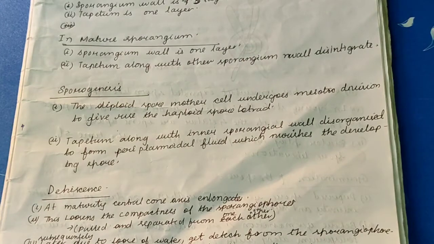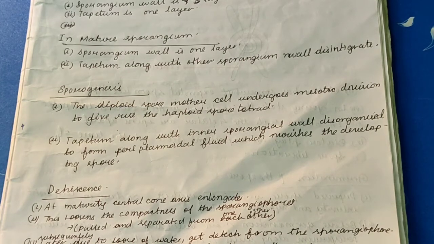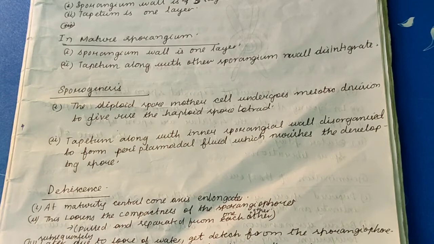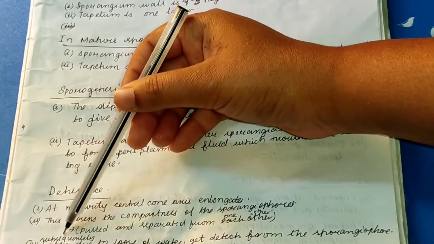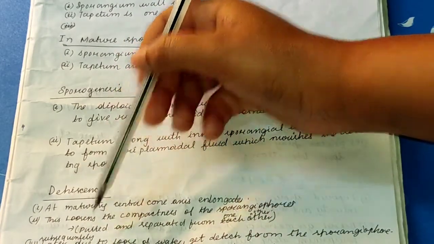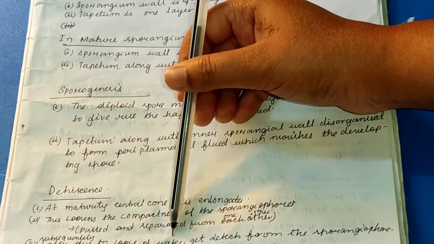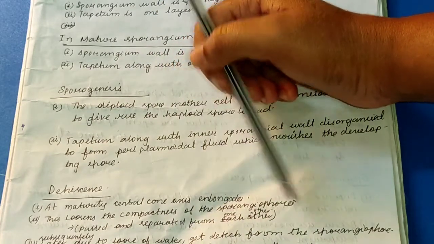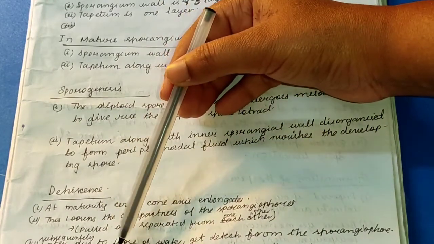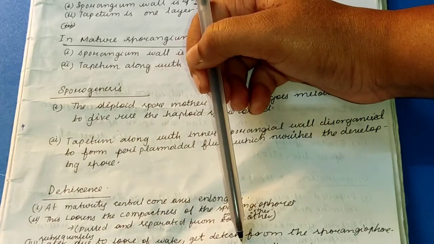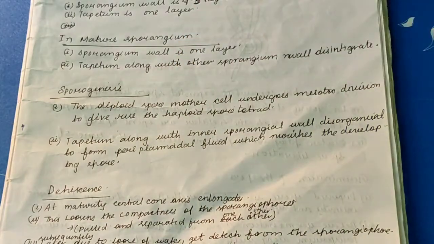So when the central axis elongates, the sporangiophores will be pulled out and separate, and subsequently, due to loss of water, the sporangium splits longitudinally to disperse the spore.